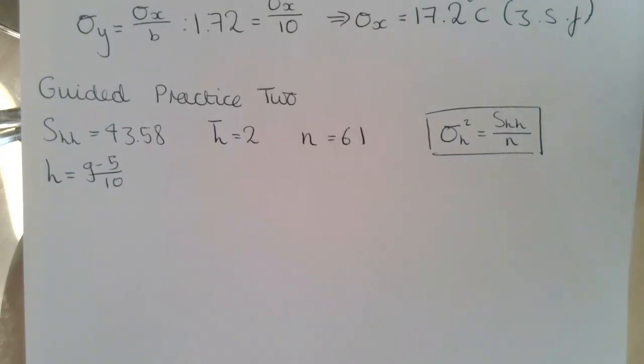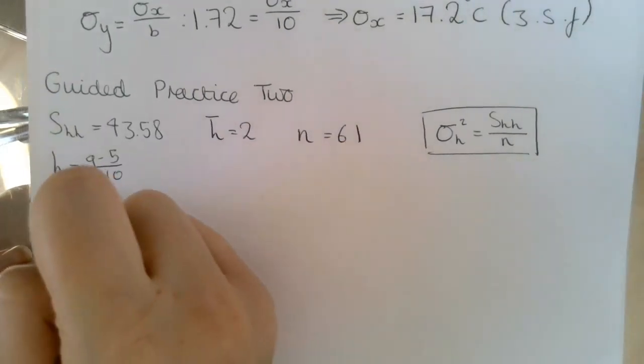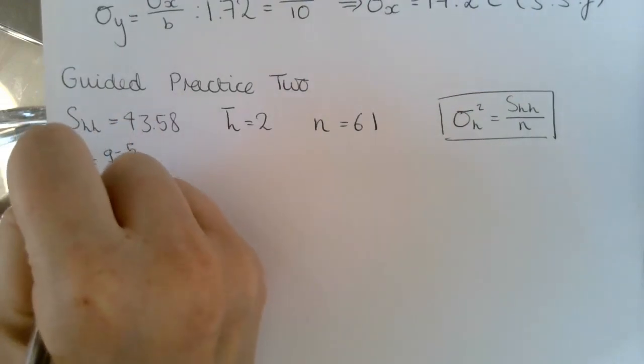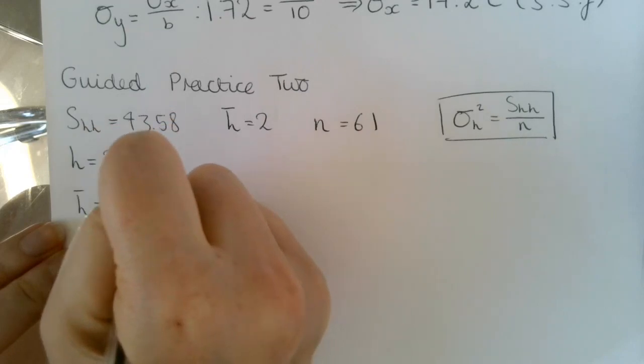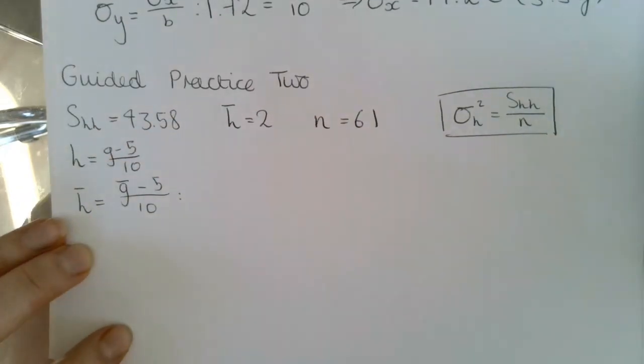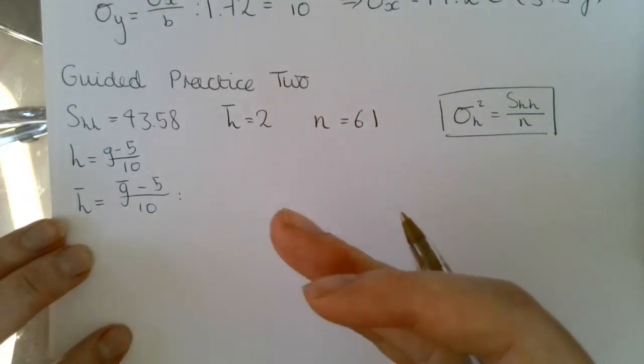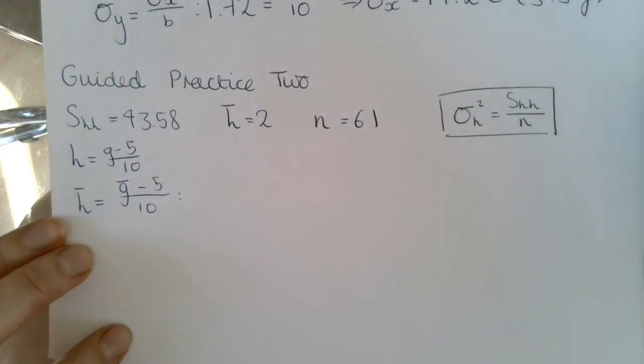We're asked to calculate the mean and standard deviation of the maximum gust in knots. So we need to decode our data. So we know that H bar is equal to (G bar minus 5) over 10. G bar is what we want to calculate. That is our mean of the maximum gust in knots before it was coded.